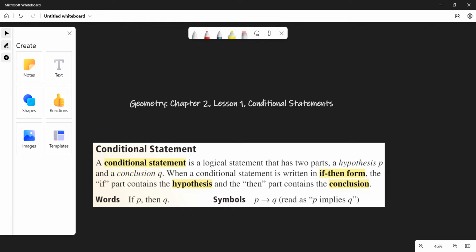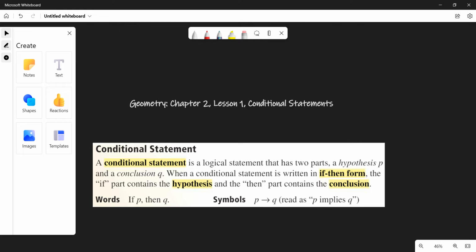Proofs are really simple. The basics of these are conditional statements, as I said, and let me tell you what a conditional statement is. A conditional statement is a logical statement that has two parts: a hypothesis, which in symbol notation is usually represented as P, and a conclusion, usually represented as Q. It's usually written in if-then form, like if P, then Q, or if the hypothesis, then the conclusion.